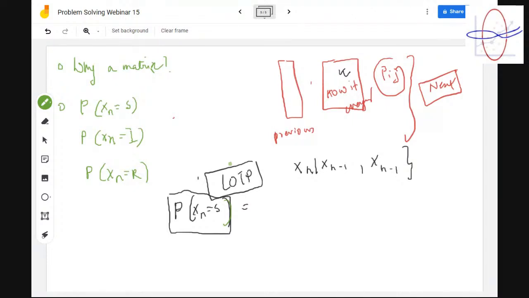So how can we do this? Tell me. Probability of X_{n-1} into probability of X_n given X_{n-1}? No, this is not a probability. There is nothing called probability of X_{n-1}. We write probability of X_{n-1} is equal to something, but this is not a probability.